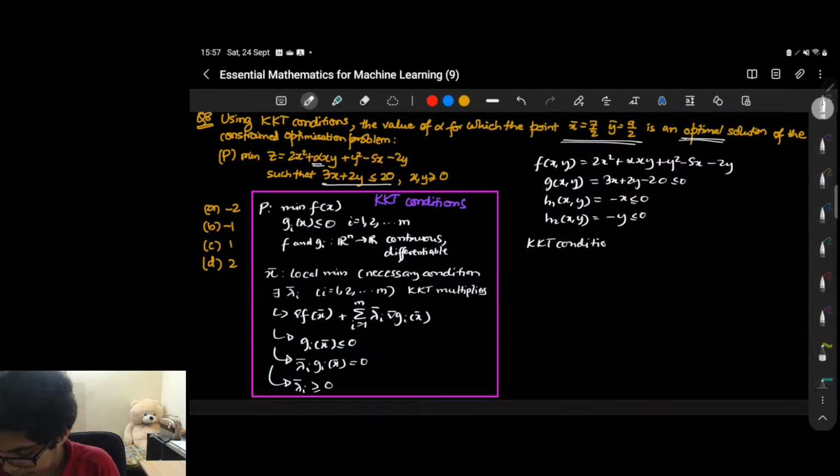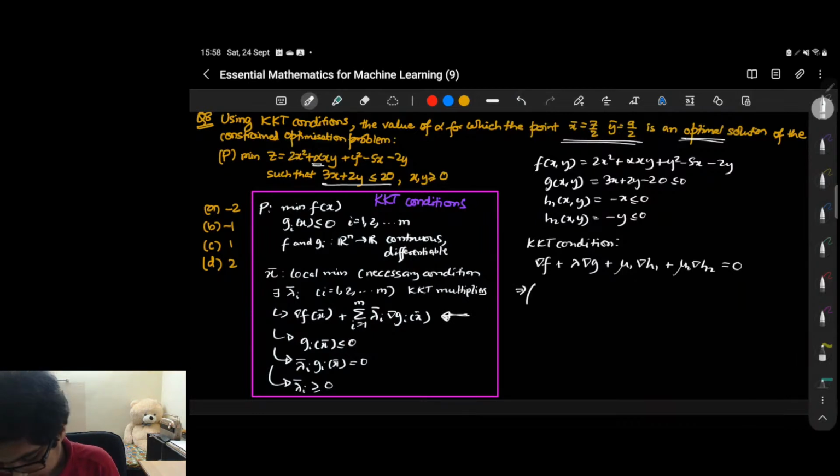let us look at the first KKT condition. What do we have? We have gradient of F plus lambda times gradient of G plus mu1 times gradient of H1 plus mu2 times gradient of H2 is equal to 0. This is coming from this first KKT condition over here.